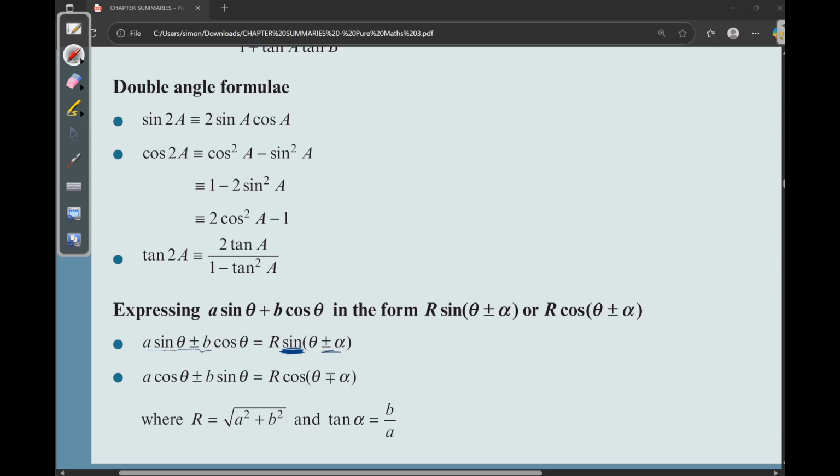But then we have r is going to be the square root of a squared plus b squared. Then tan of alpha is equal to b over a. I want you to look at the coefficient of a here. It is the one that is down here. I mean the coefficient of sine, it is the one that is here. And then the one of cosine is the one that is up here. It is the same thing that they actually show here when it comes to the cosine.